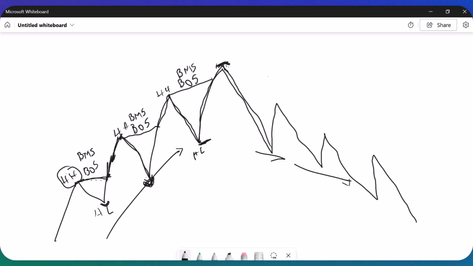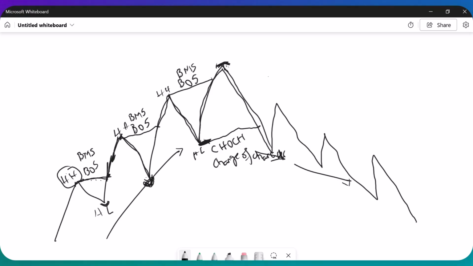If price hasn't broken this higher low here, we are still in a bullish trend. But if price has broken the higher low, then we have officially entered a bearish trend. This is what we call a change of character.